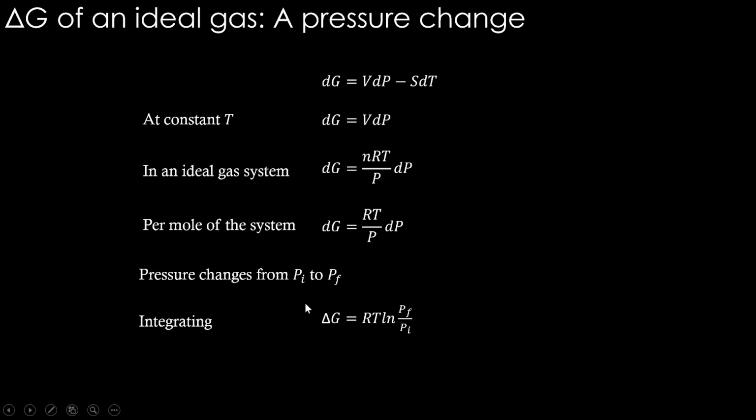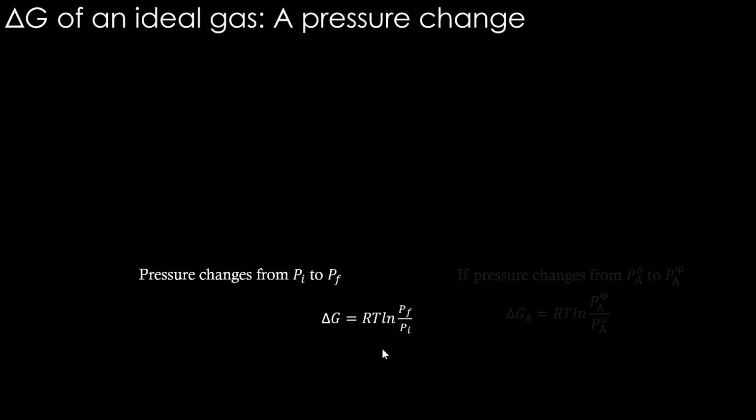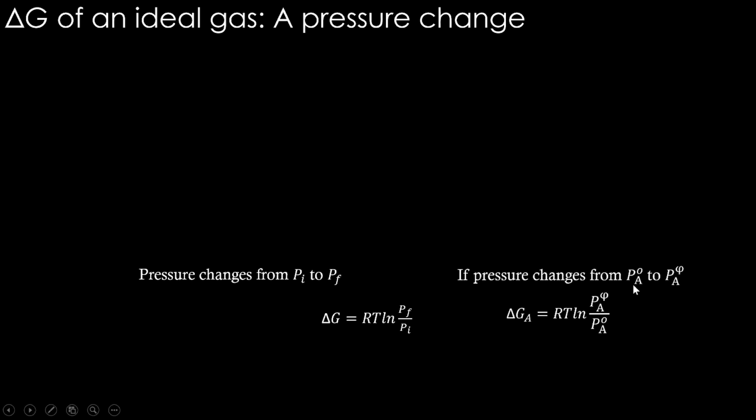Now this is exactly what has happened on top of the solids in our case. Pressure changes from Pa standard to Pa phi. So we can write the Gibbs energy change of A as RT natural log of Pa phi to Pa standard. So this is only the gas on top of the solids that is undergoing this pressure change, right? So this is indicating the Gibbs energy change of A. This Gibbs energy change of A is exactly the same as what is happening in the solid state because this vapor and solid are in equilibrium.